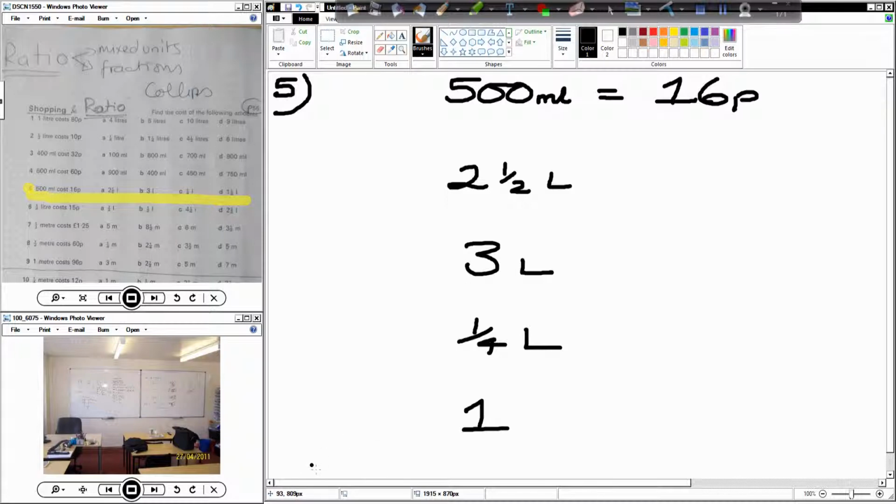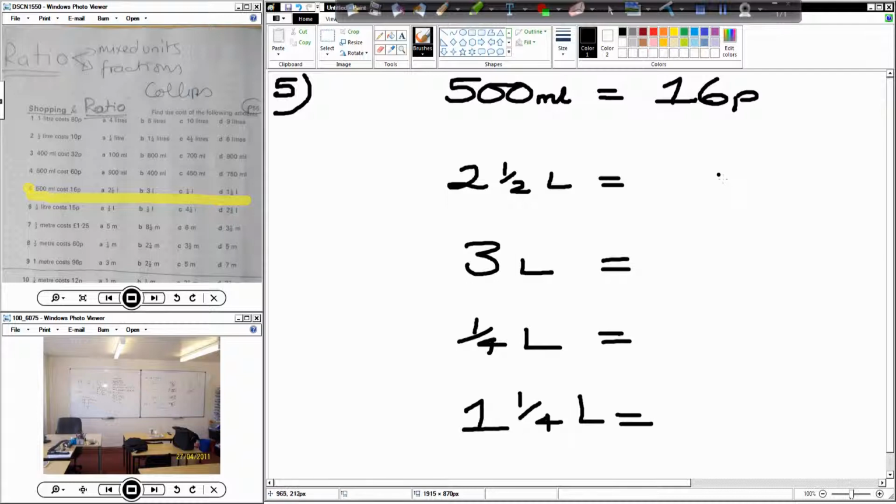And 1.25 liters. Okay, have we done that? No.